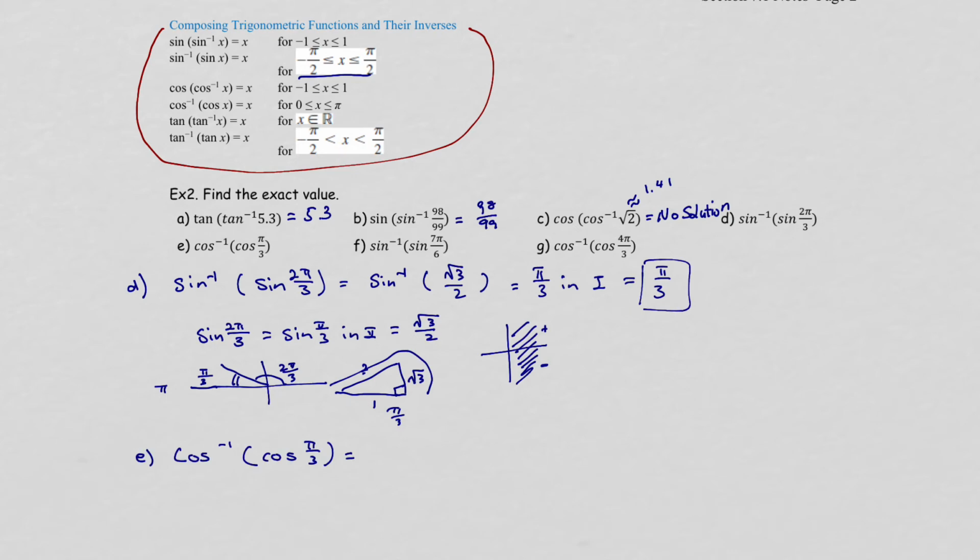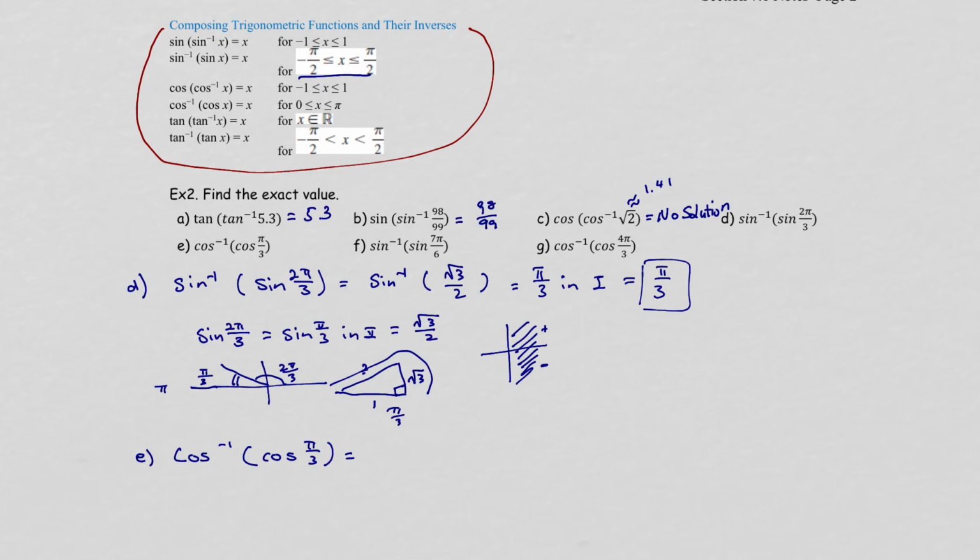What about E? You have cosine inverse times cosine pi over 3, right? So first you wanted to see if pi over 3 is in the domain of cosine. So cosine right here, pi over 3 should be 0 to pi. Pi over 3 is inside of your domain. So that means you don't have to do much work.